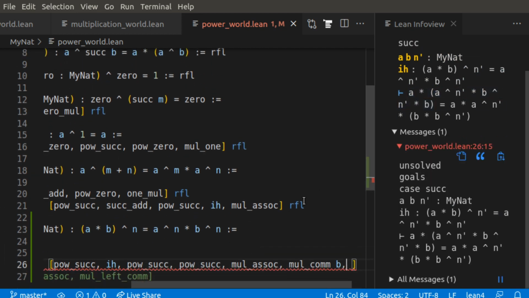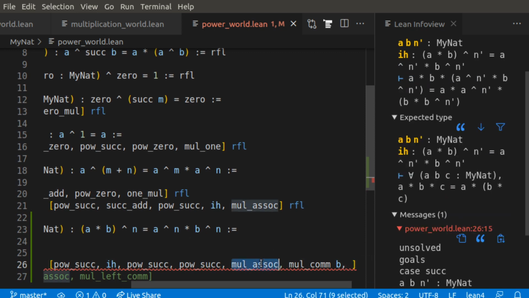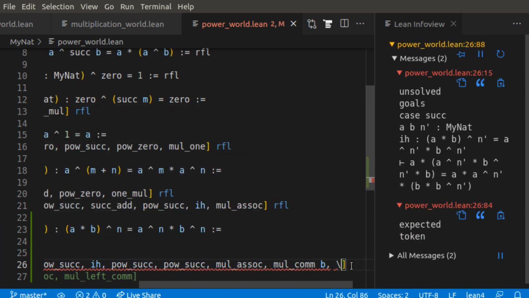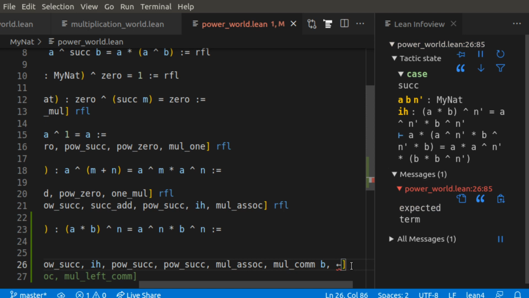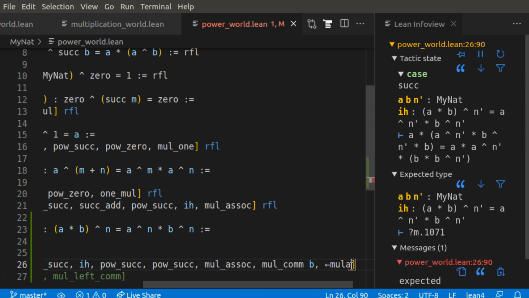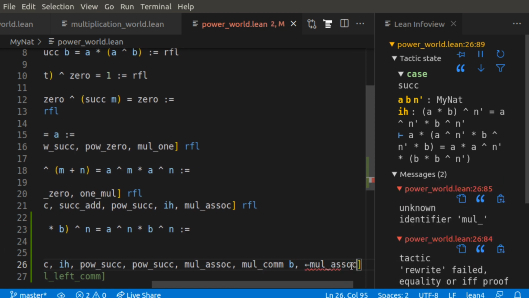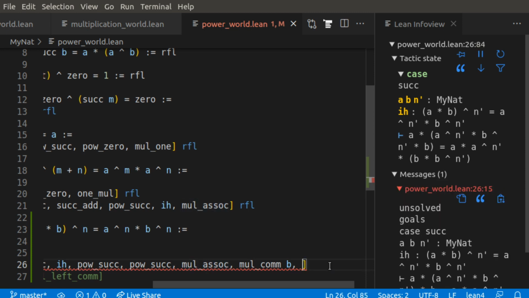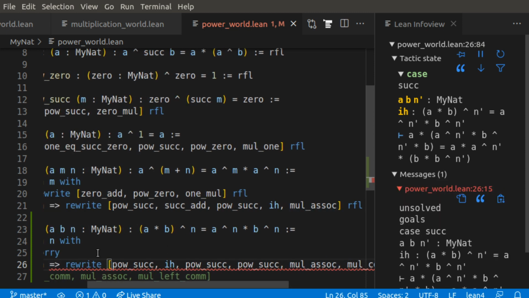Now we can reverse mul_assoc, I think. Mul_assoc. No, that's not what we want. Now do we use mul_left_comm?